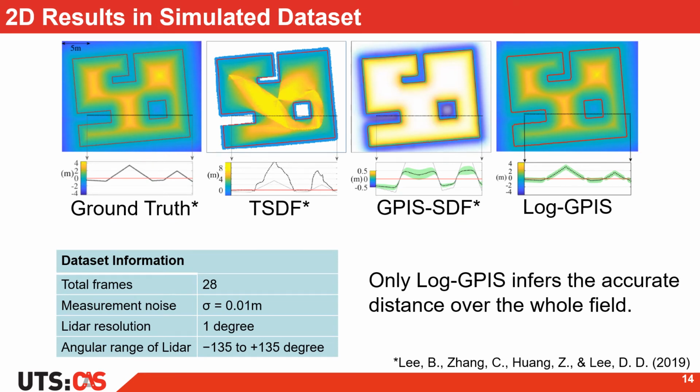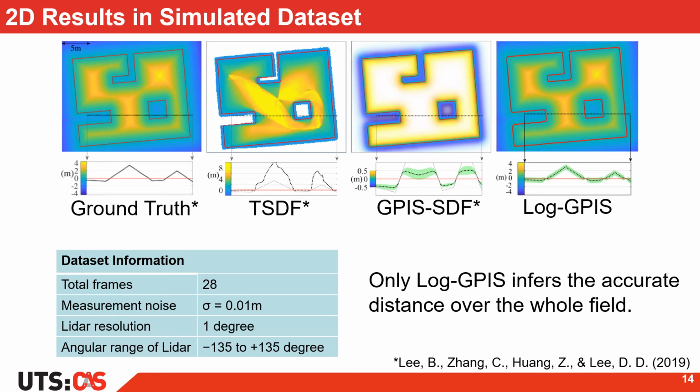For 2D results, we compare our method with TSDF and standard GPS without log tricks, called GPS SDF. The subfigures at the bottom show the distance field along the cross line. It is obvious that in the last figure, the EDF is linear and accurately predicted even far away from the surface measurements.